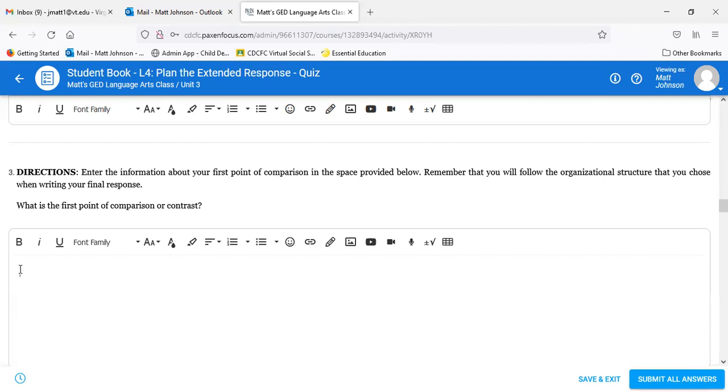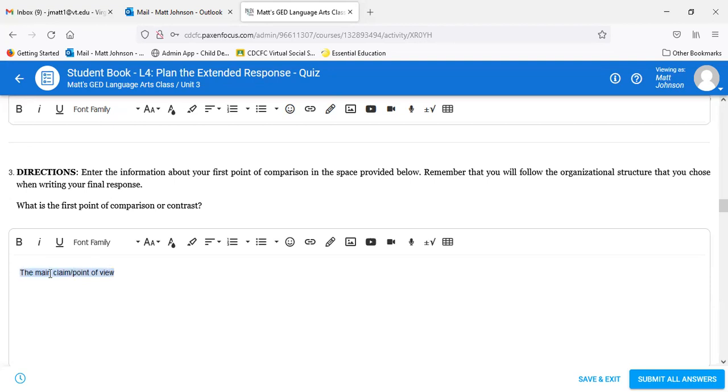For the first point of comparison or contrast, what we're going to do is the main claim, and I'll say slash point of view. Okay. And I believe that was one we chose earlier, right? When we were looking at claims and then selecting the point of view and then selecting the evidence behind it from last week.